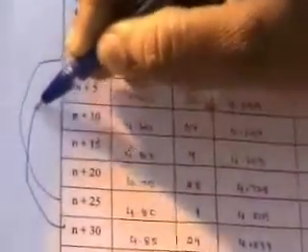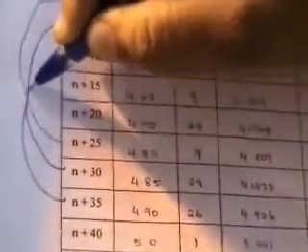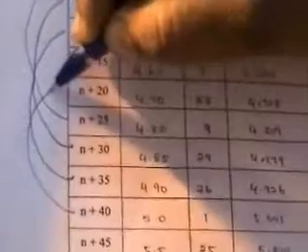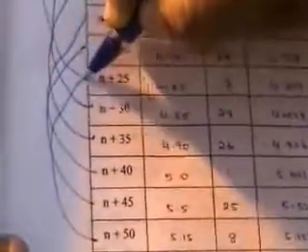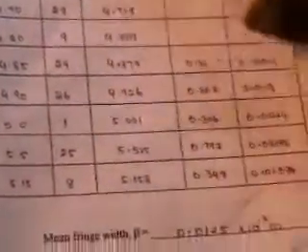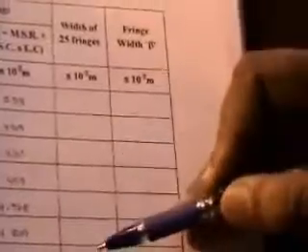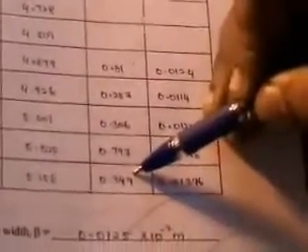Similarly, n plus 30 minus n plus 5 will give you again 25 fringes. Similarly, 35 and 10, 40 and 15, 45 and 20, 50 and 25. So when you do the calculations, you will get the width of 25 fringes.